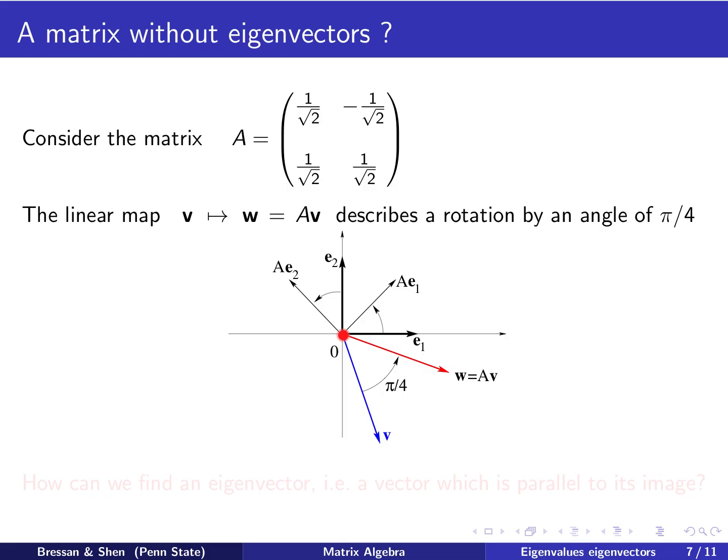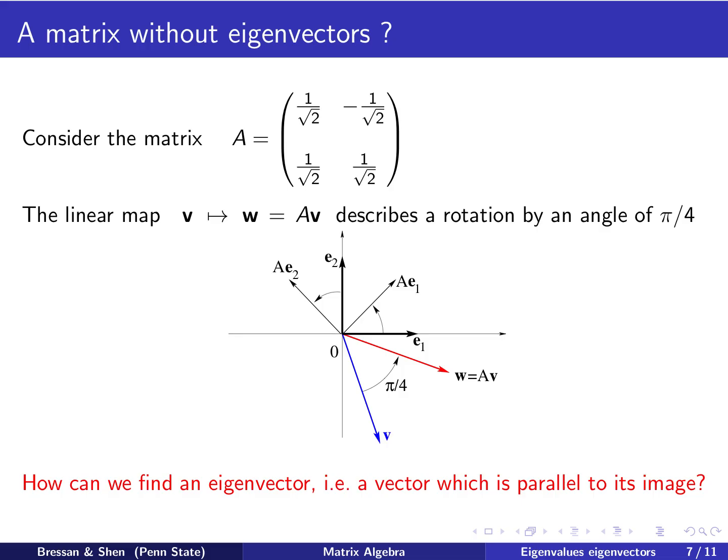So if you have E1, then A times E1 is rotated 45 degrees to point here, and E2 is rotated to this angle here, 135 degrees, A times E2. Any vector V, if you multiply by A, the image would be this vector rotated by pi over 4, and you get the new vector W equals A times V.